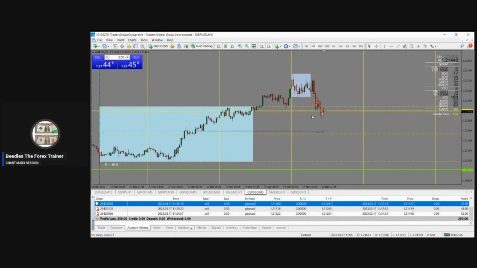Now, where we have our targets are right here at these little blue lines, these little blue divots right down in there. That's where our targets are. Time now is 4:45, and so I'm going to take a trade off of that 4:45 candle.